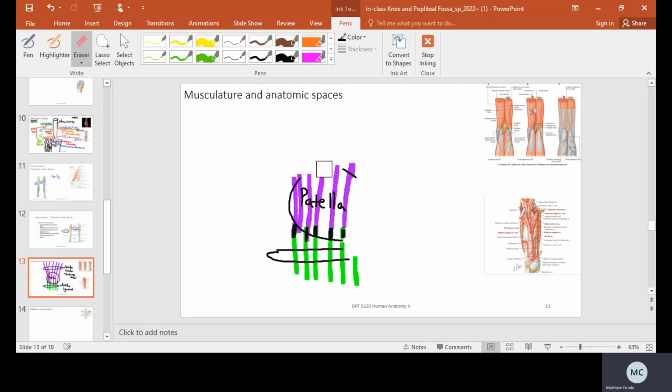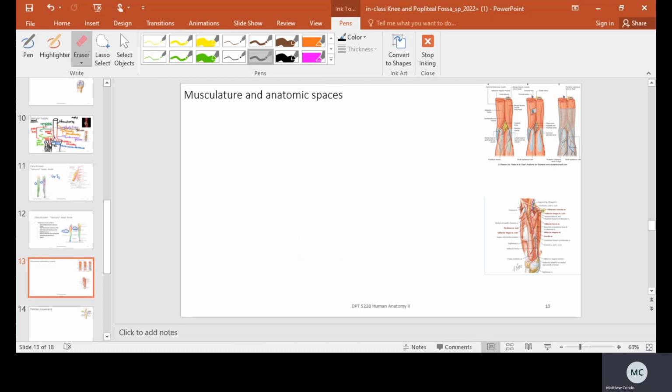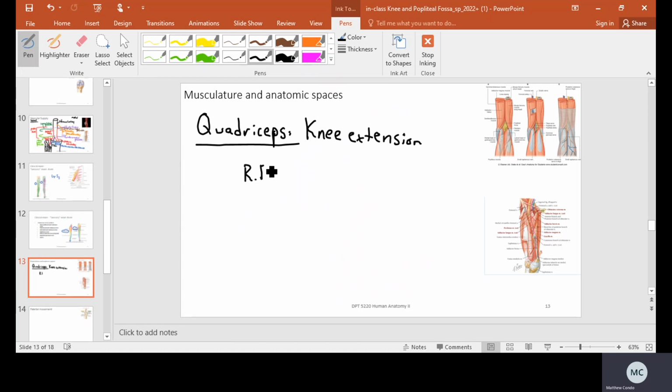All right, so let's go over the quadriceps. What are the actions of the quadriceps? Knee extension, right? That's the big one. But one of my quadriceps does what? Right.